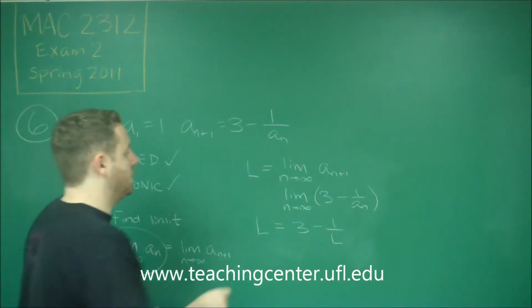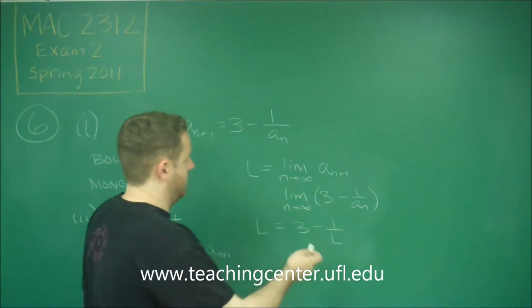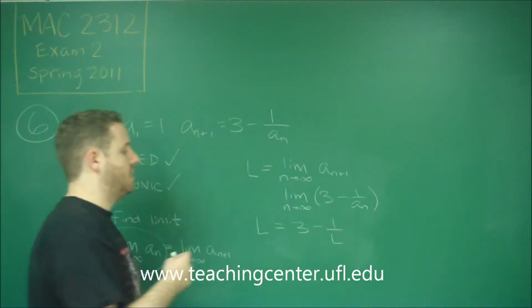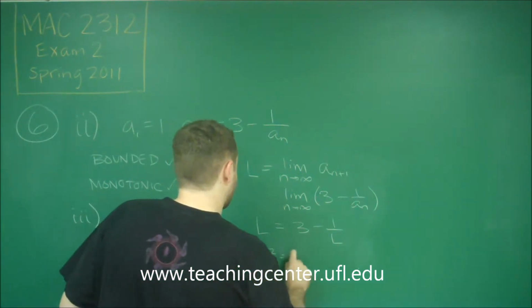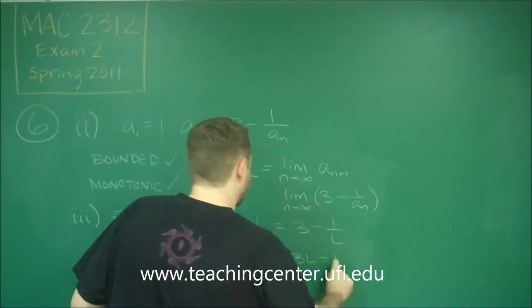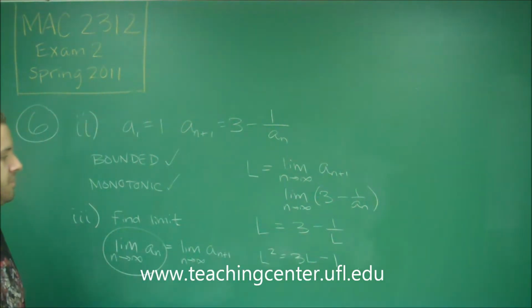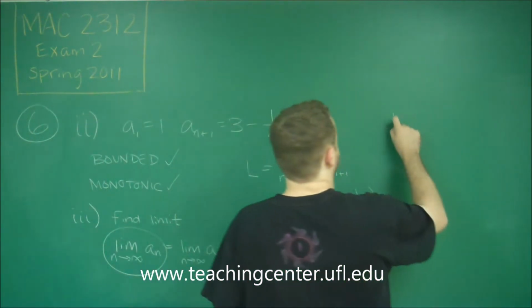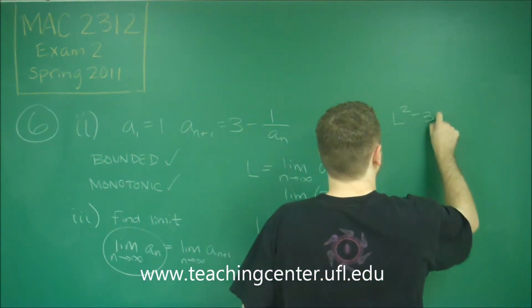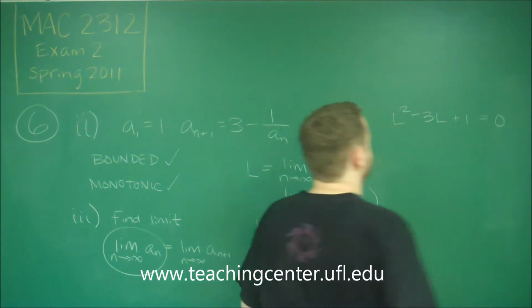So there's a couple different things we can do here. The easiest way to do this would probably be to multiply everything by L right off the bat. So we'll get L squared equals 3L minus 1. That gets rid of the denominators, makes it a little bit easier to work with. You can see this is turning into a quadratic equation. So we get L squared minus 3L plus 1 equals 0.